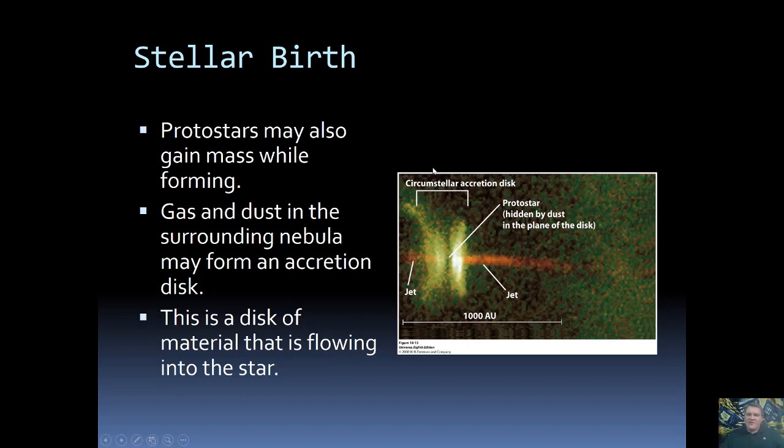So here we have a circumstellar accretion disk. This is material that is orbiting, circling around, and some of it may be falling onto the star. But then here we have the jets that are causing an outflow away from the star. So while these stars are still embedded in the overall nebula, it's actually a highly chaotic time.